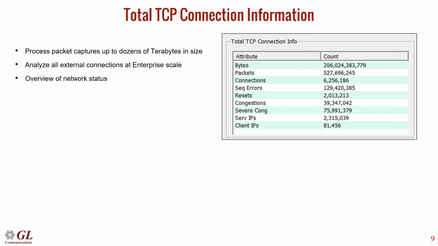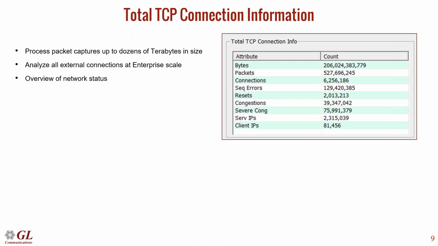If there is any mismatch between the sequence numbers, we list how many sequence errors happened, and how many reset connections. Similarly, how many congestion events we had, whether there were any severely congested packets, how many server IPs we processed, and finally how many client IPs we processed.